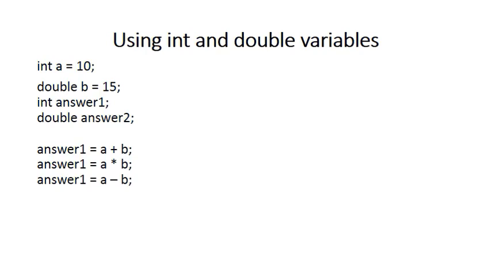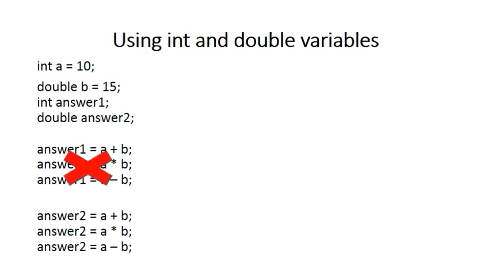So in this case all 3 of those expressions, answer 1 is a plus b, answer 1 is a times b, and answer 1 is a minus b, would cause syntax errors, because all 3 of those expressions have one double operand, and therefore the answer must be a double.